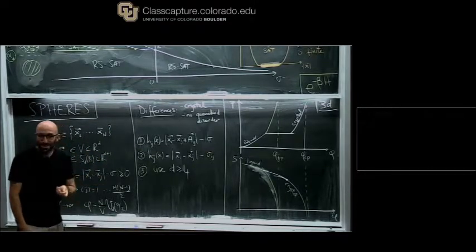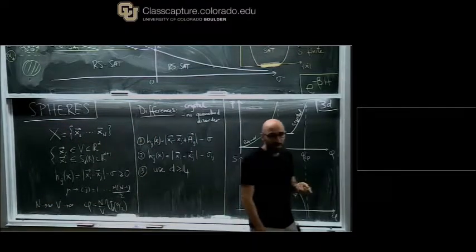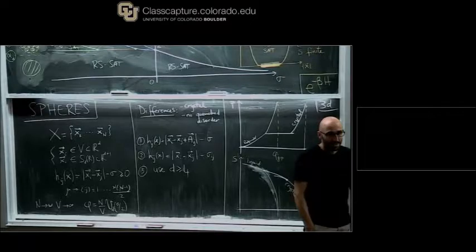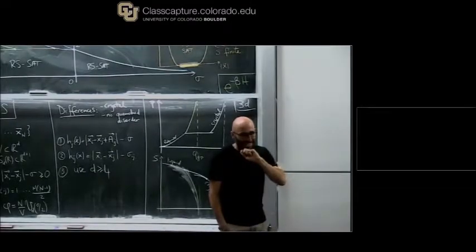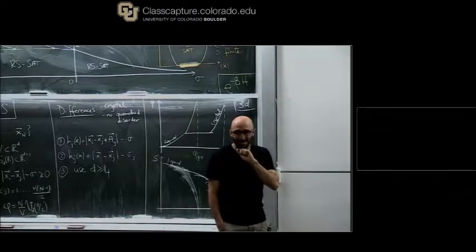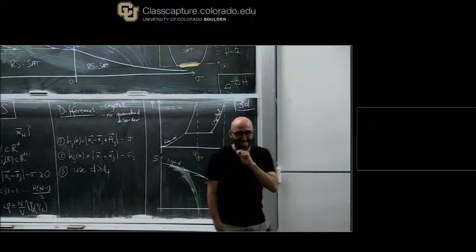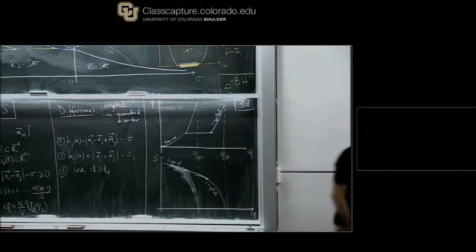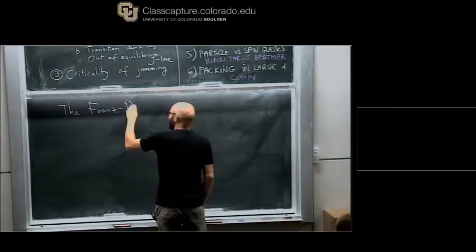So what can I do if I want to discuss glass states of a system without quench disorder using replicas? Can you remember? So when someone from Paris asks some mysterious questions, what is the answer? It happened already twice. Okay, the Franz-Parisi potential. The answer is always the Franz-Parisi potential.